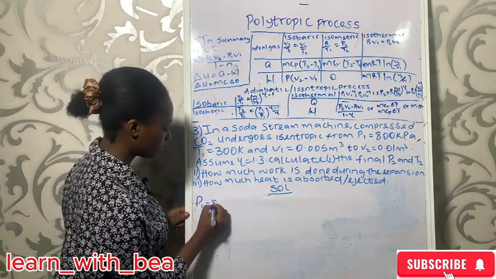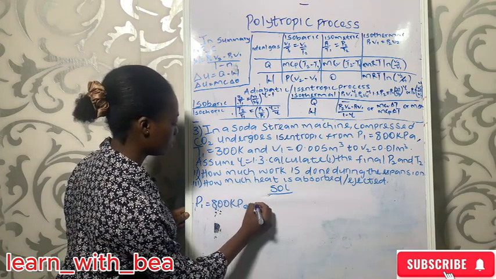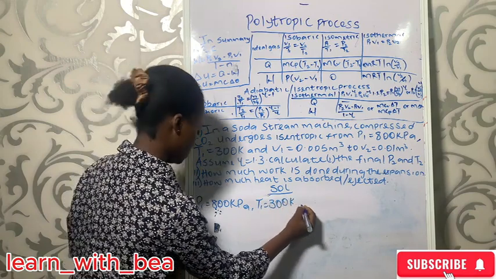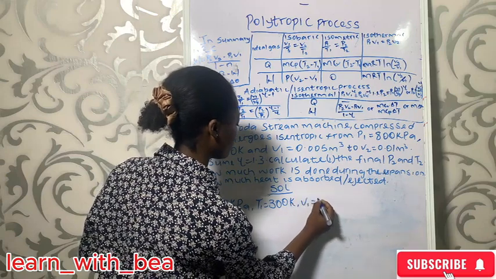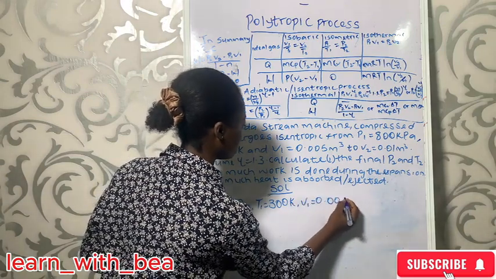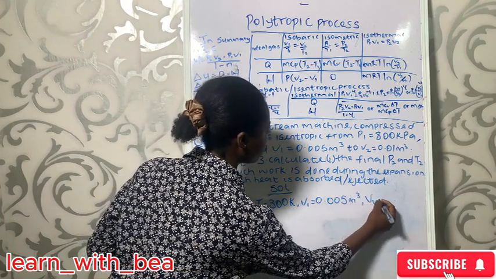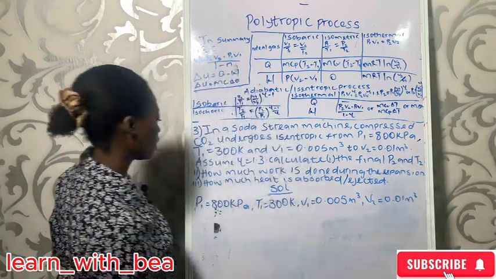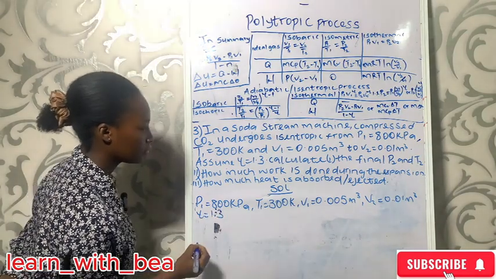From P1, 800 kilopascal, then T1, 300 Kelvin, then V1, 0.005 meter cube, to V2, 0.01 meter cube. Assume our gamma is 1.3.